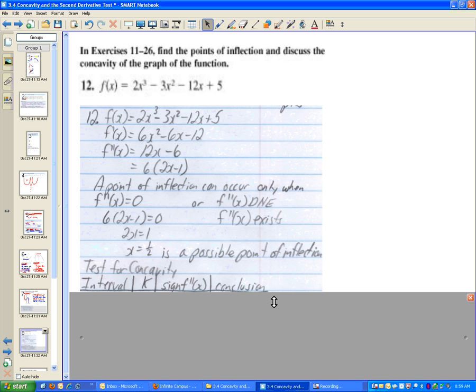All right, so we only have one possible point of inflection. So we're only going to have two intervals because there's only one break, okay? So we start our first interval at negative infinity, and we go to 1/2. Then our second interval starts at 1/2, goes to infinity.